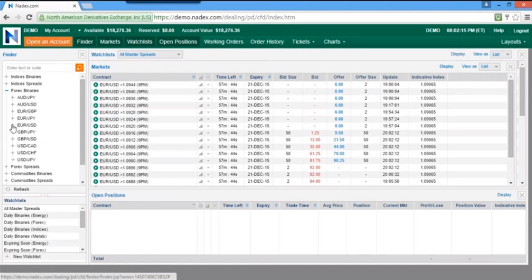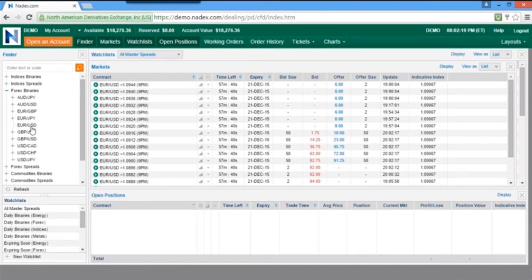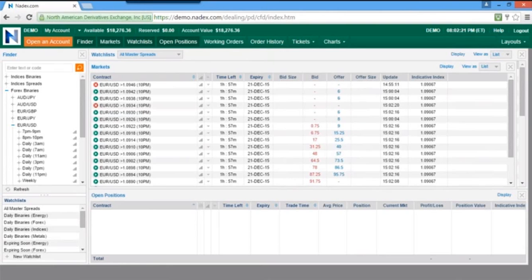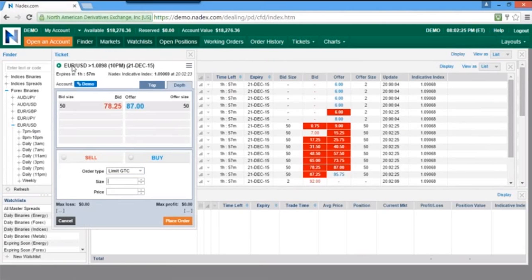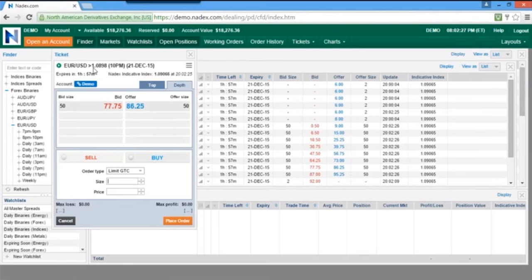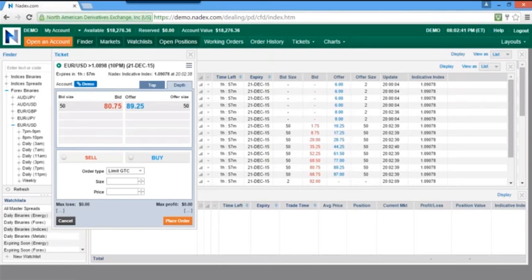The market and the strike price are right close together there. So this contract here, euro dollar to be greater than 0.898. Where's the market right now? 0.906. So the market's quite a bit higher.